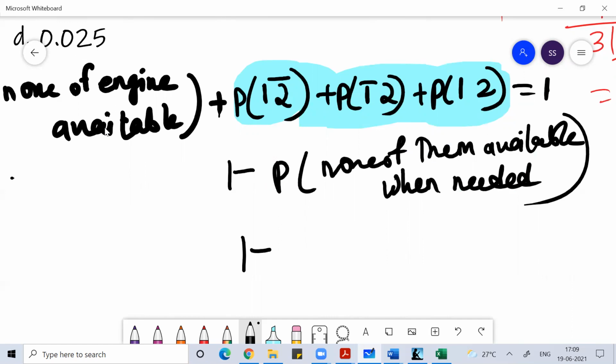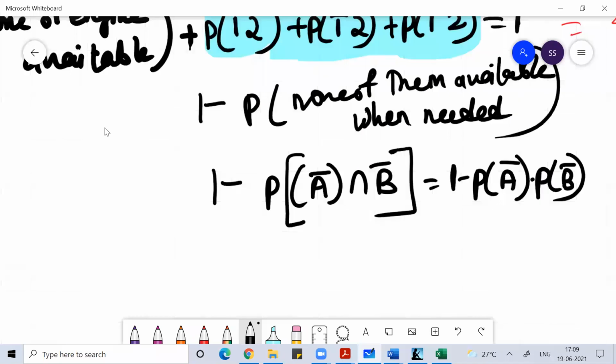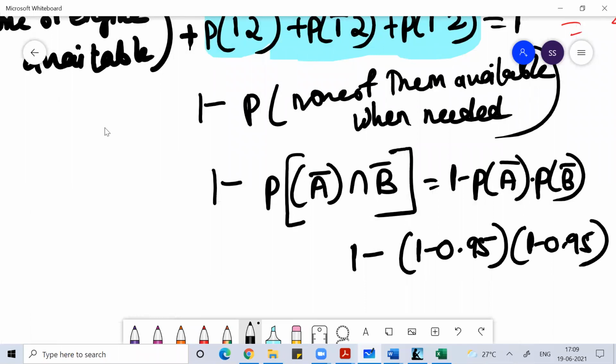When the events are independent, the probability that engine A is not available intersection engine B not available is nothing but one minus the probability that A is not available times the probability that B is not available. The probability that an engine is available is 0.95, so not available would be 1 minus 0.95, which is 0.05.